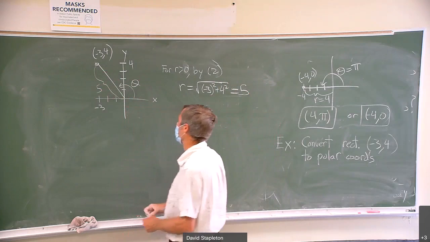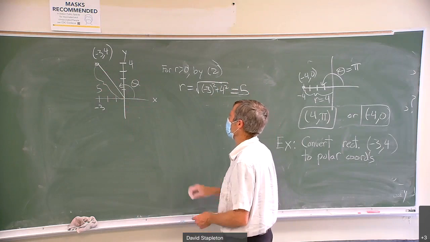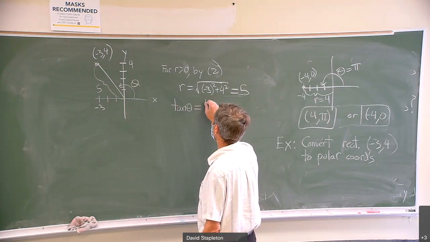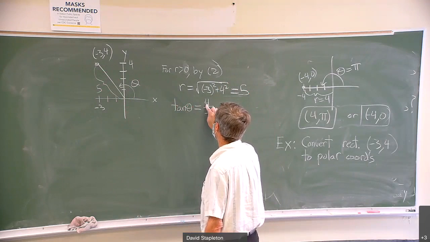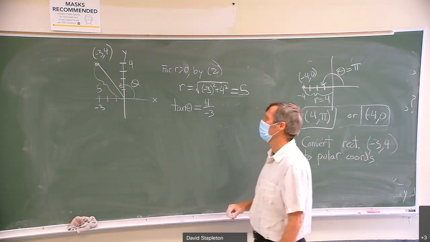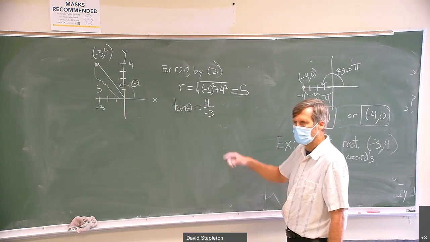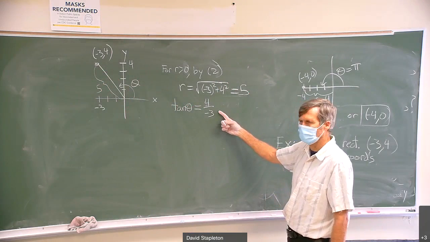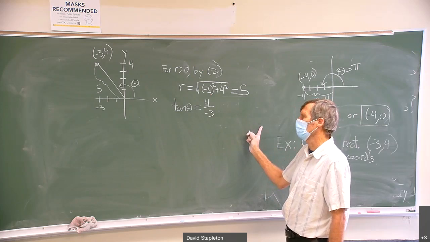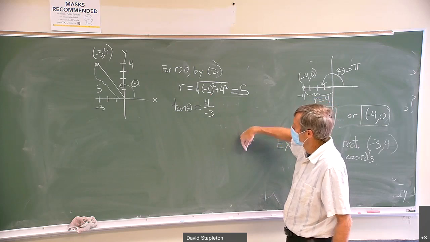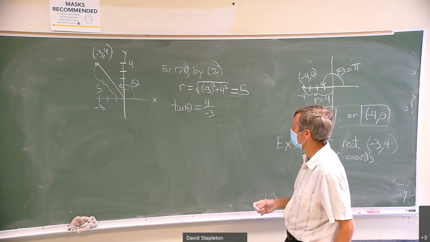Since this is not a special angle, we just go straight to the equation that tangent theta equals y over x, which is 4 over minus 3. What could theta be? There are always two angles theta that have a given tangent, right? I mean, two directions theta. One is to the point, one's in the opposite quadrant in the opposite direction. Then you can add 2k pi to either if you want.